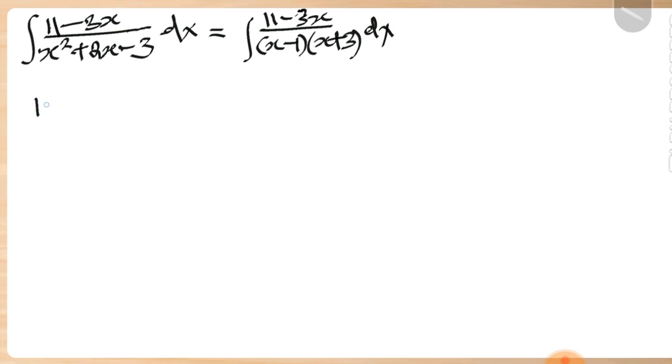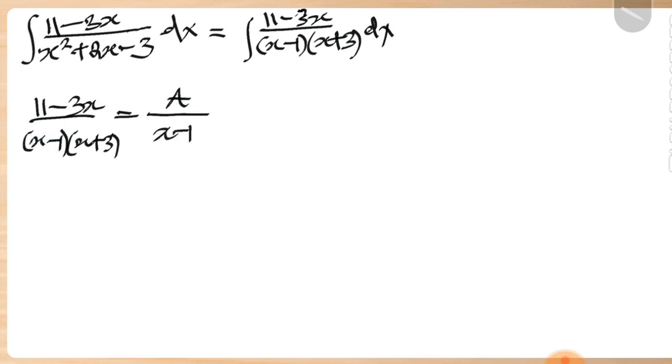So we have (11 minus 3x) over (x minus 1)(x plus 3) equal to A over x minus 1 plus B over x plus 3.